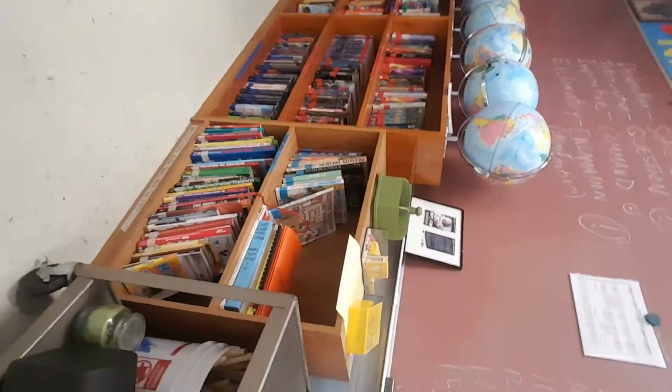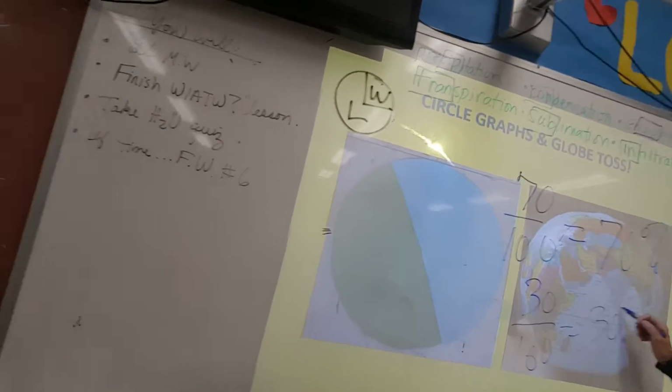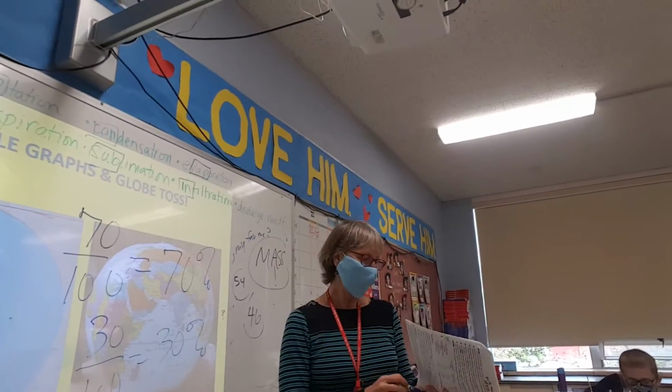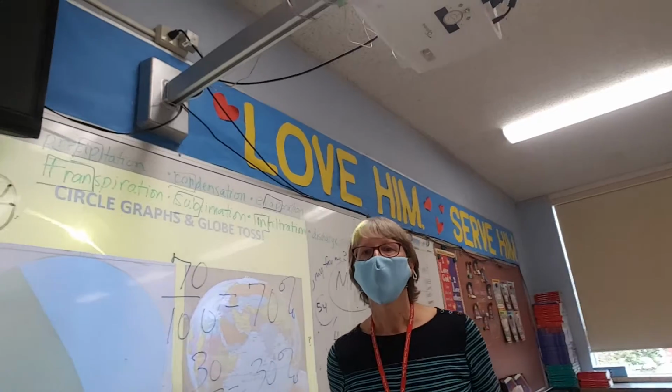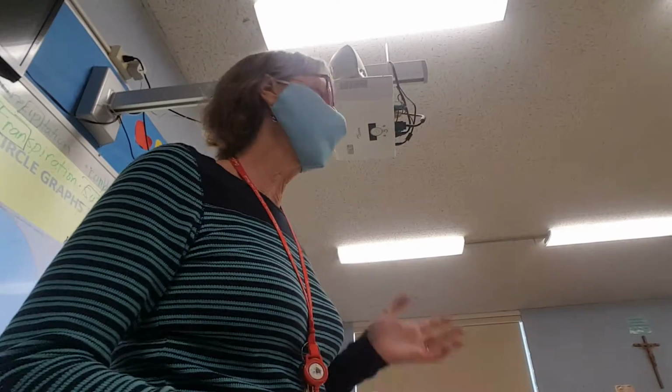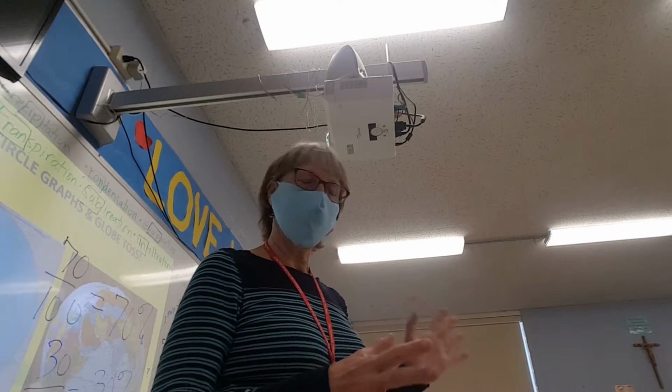And then 30 out of 100 would be 30% about covered in land. Okay, so in essence, we're trying to figure out the water's about 70% covering the surface.